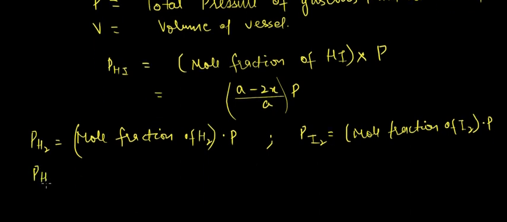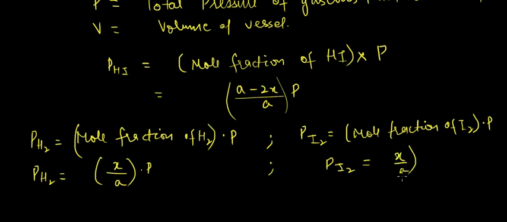Mole fraction of H2 would be moles of H2 present at equilibrium, which is x, divided by total moles of all compounds present at equilibrium, which is A minus 2x plus x plus x, which gave us A, multiplied with P. Similarly, I can write x by A multiplied by P as the partial pressure of I2 as well.